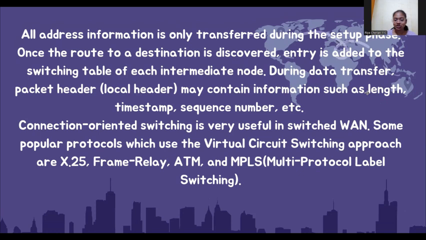Connection-oriented switching is very useful in switched WAN. Some popular protocols which use the virtual circuit switching approach are Frame Relay, ATM, etc., or MPLS, which is multiprotocol label switching.